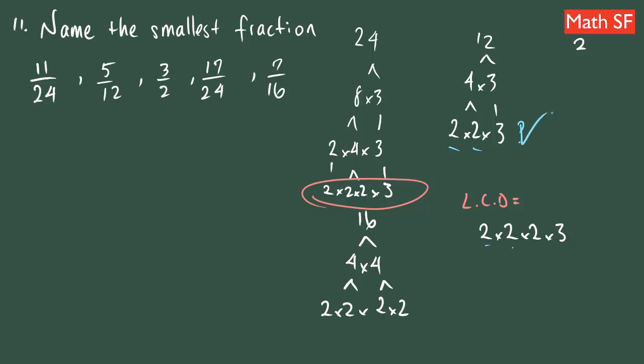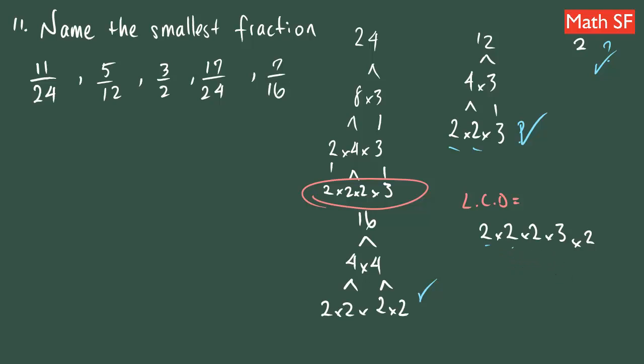So yes, I do have that. Do I have a 2? I have 3 of them, so I have enough. What about 16? Do I have 2 times 2 times 2 times 2? So far I only have 3 2's here, so I need 1 extra, so I must add 1 extra 2 to complete the 16. Therefore my LCD should be 2 times 2 times 2 times 2 times 3.